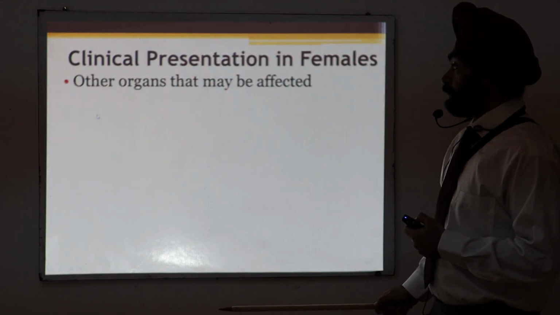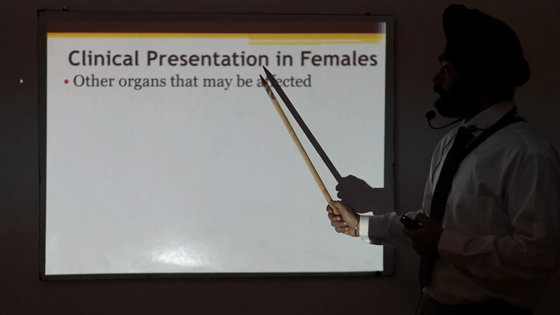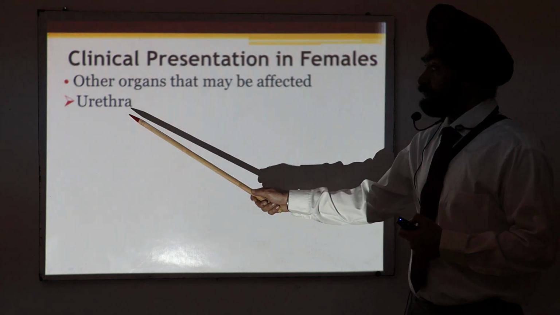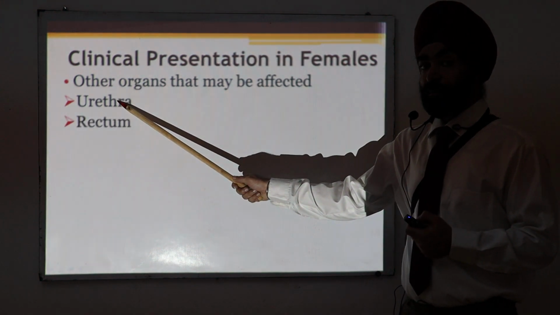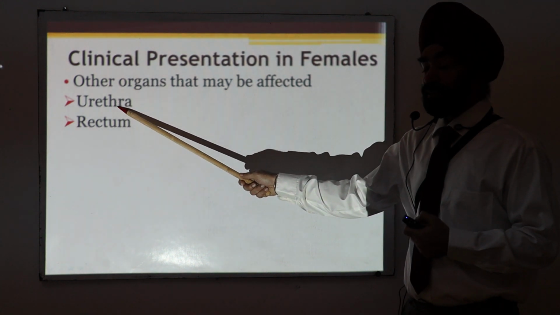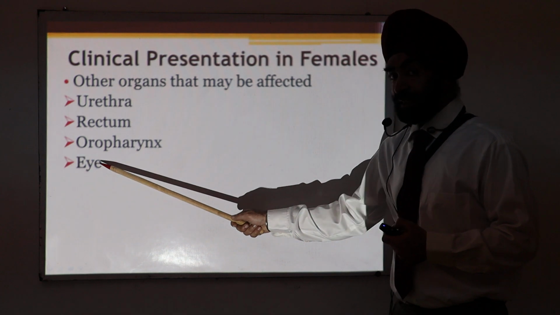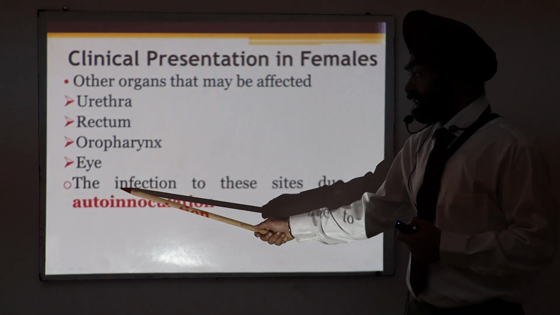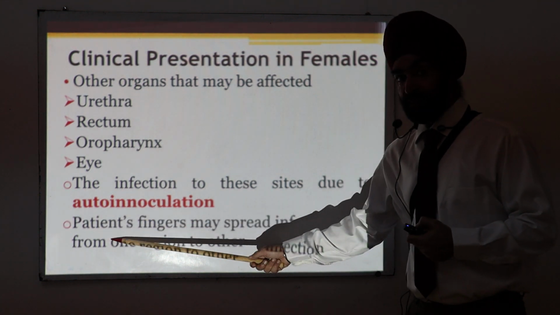As in males, other organs may also be affected in females: the urethra, rectum, oropharynx and eyes. The urethra is the most common site in males but secondary in females. The infection can spread by auto-inoculation, that is through the fingers.